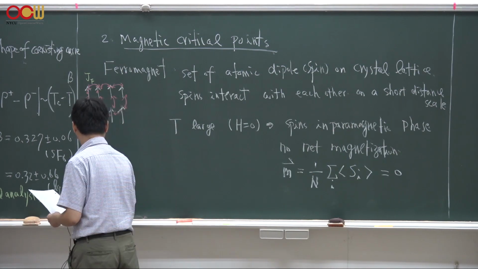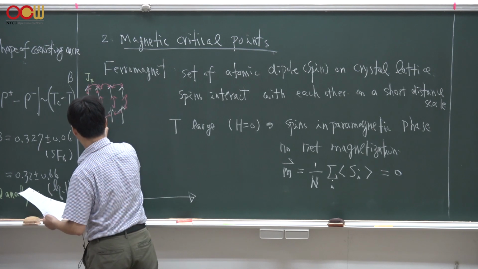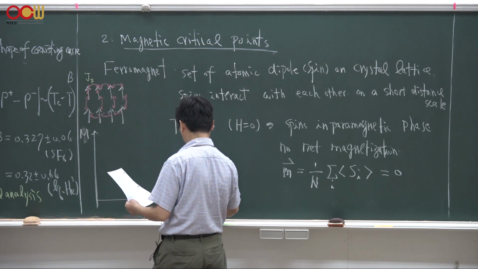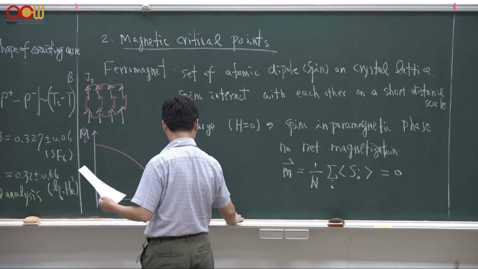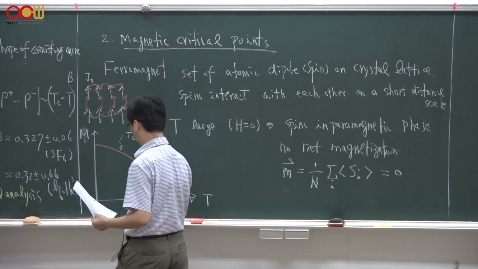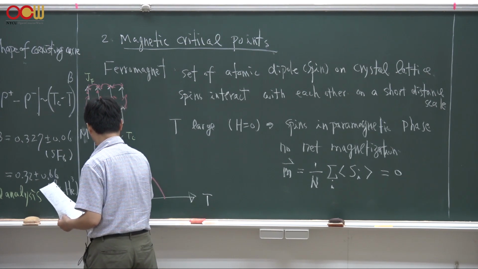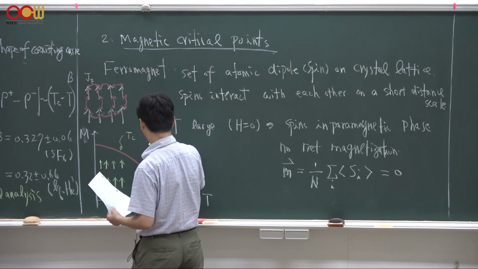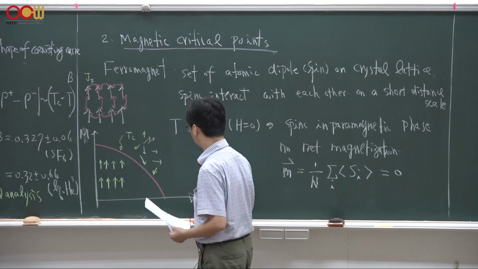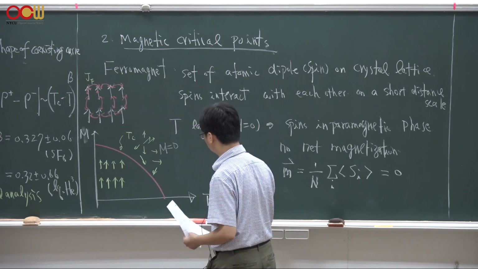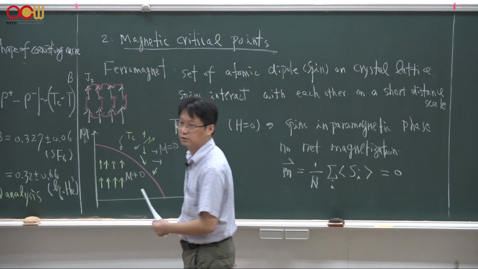So maybe I can remind you of the phase diagram of a ferromagnet. This is the magnetization, and this is temperature, and you can see that this is a Tc curve. Below the Tc curve you get perfect alignment of the spins, and above the Tc curve the spins are randomly distributed, so there's no net magnetization, but below this Tc curve there's some finite net magnetization.